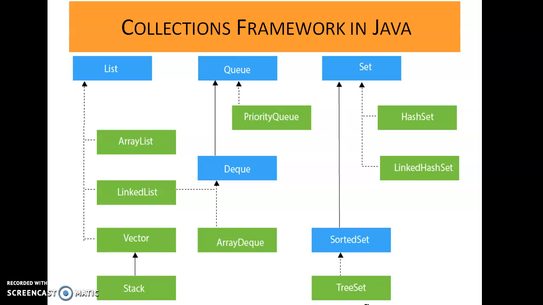List interface is realized by array list, linked list, vector, and stack, while queue interface is realized by priority queue and array deque, and set is realized by hash set and linked hash set. Set is also extended by sorted set. Normally, set will not allow you duplicates, but it is not sorted. If you want to ensure sorted set, then you need to use sorted set interface, which is realized by tree set.